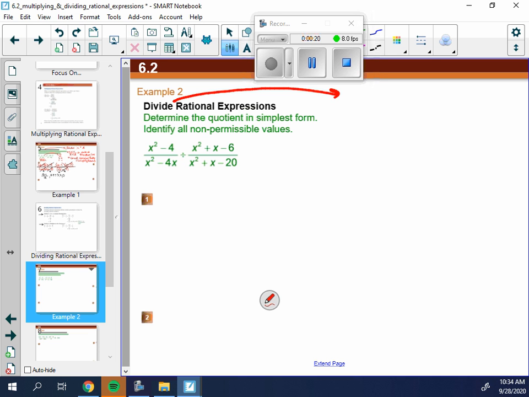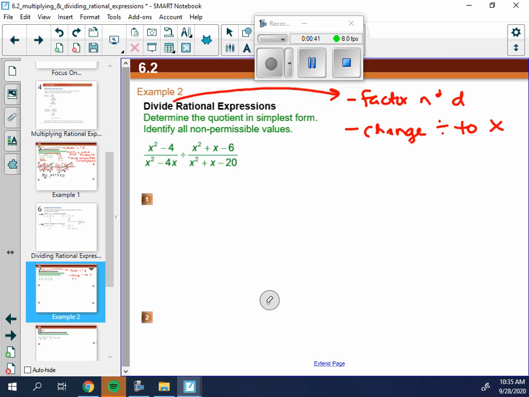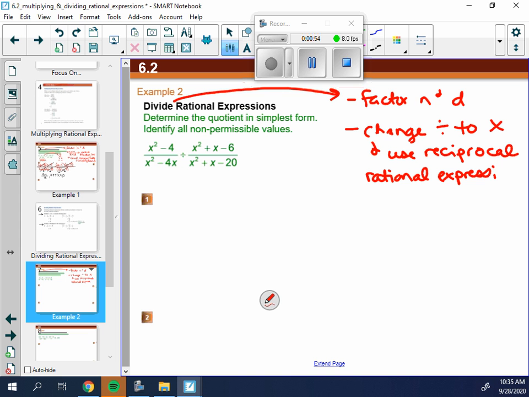Okay, so dividing. Same thing as before. We would factor your numerator and denominator. Then you would change division to multiplication and use the reciprocal of the rational expression after the division symbol.